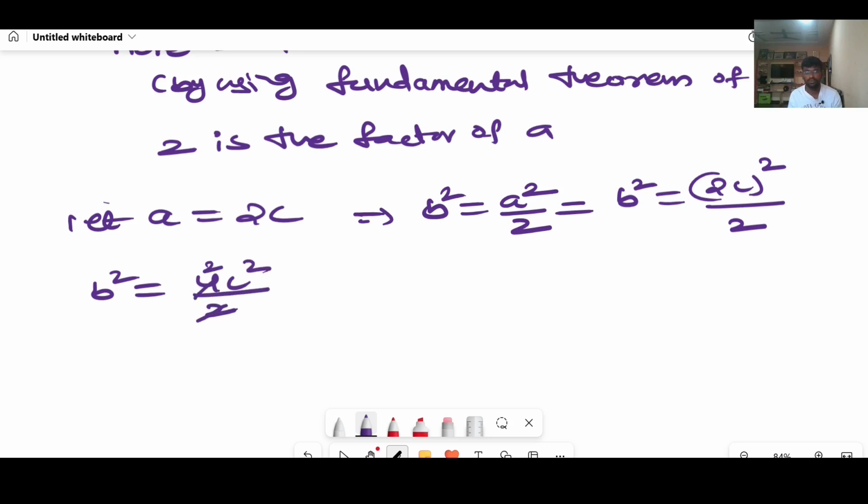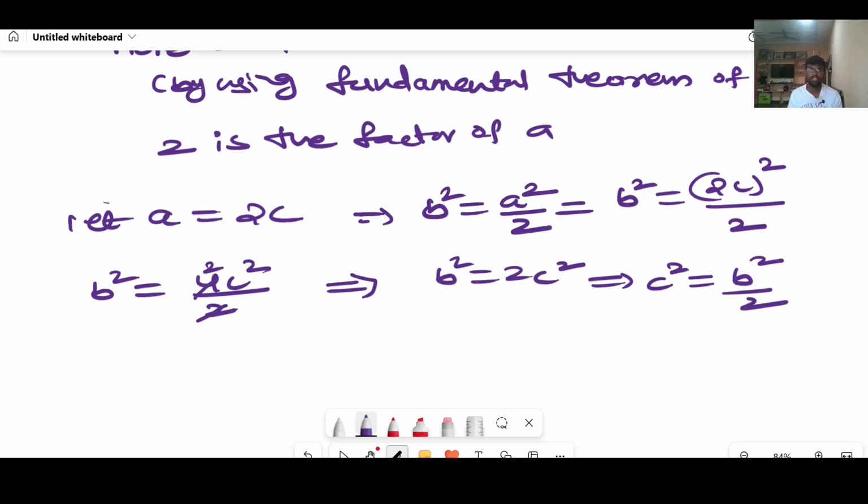I can simplify this as b square equal to 2 c square, then c square equal to b square by 2, right? Transposing this 2 towards this side.